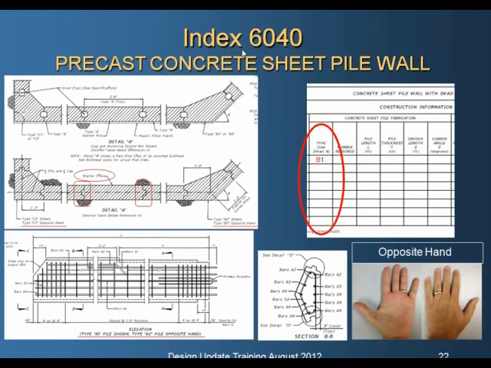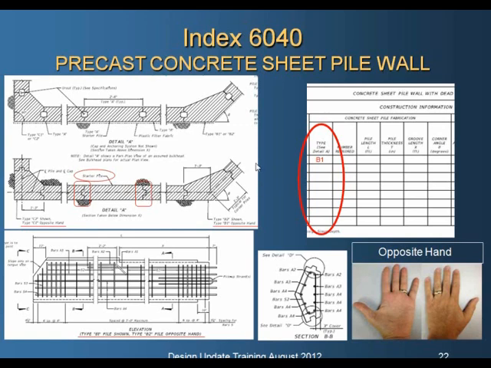All right, taking a look at index 6040 for the precast concrete sheet piles. We clarified the orientation of the shear keys of the corner piles. So now where there used to be a type B and a type C, there are now type B2, B1, C2, and C1. It stems from the starter pile having 2 male connectors for the shear keys.